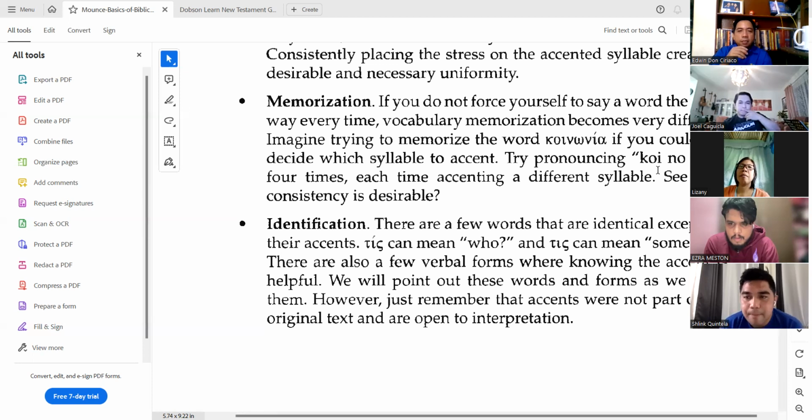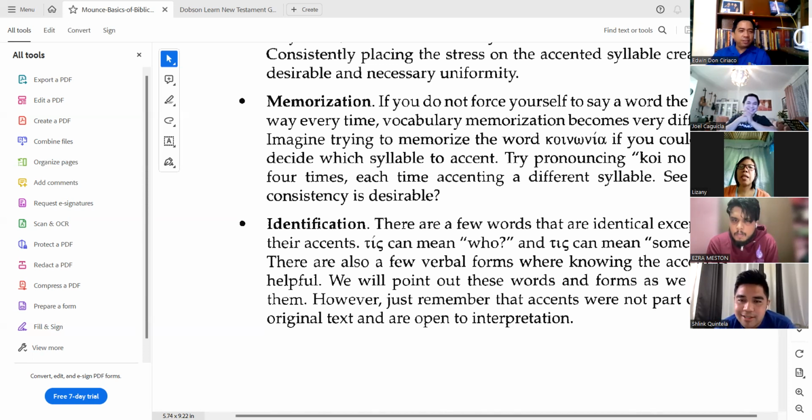So most likely the acute accent would be on top of the letter I, or on top of the iota. Koinonia. Koinonia. Okay? If you're getting familiar with it, koinonia.